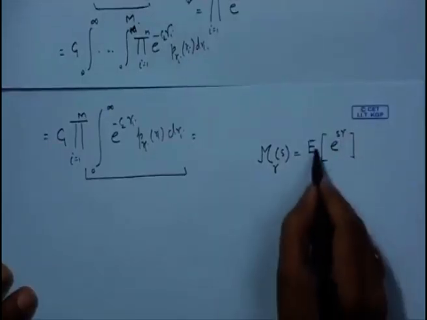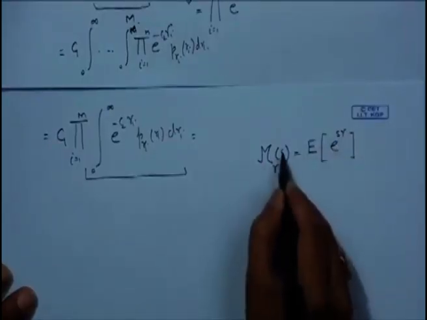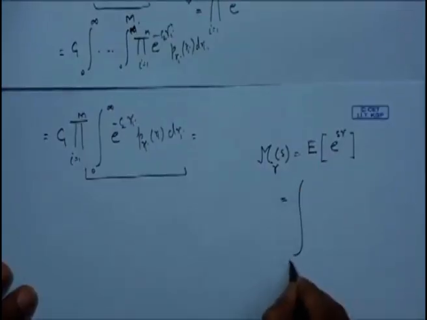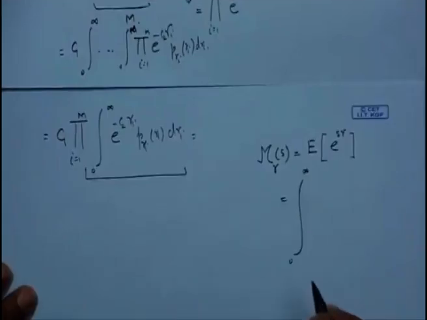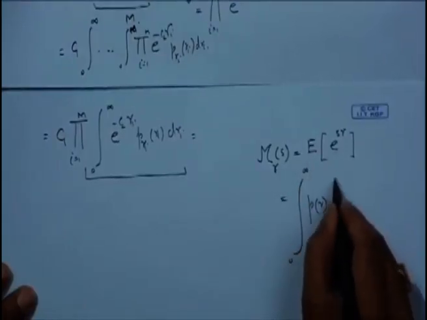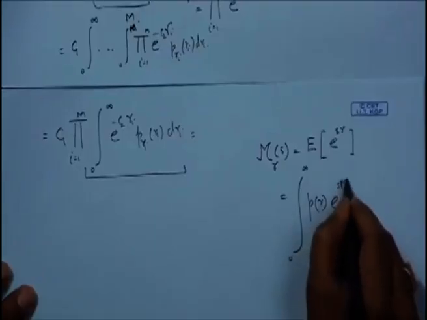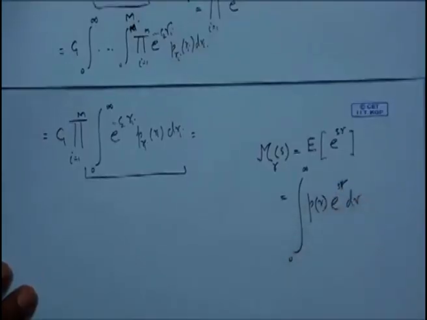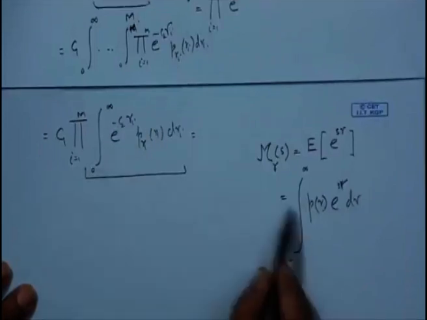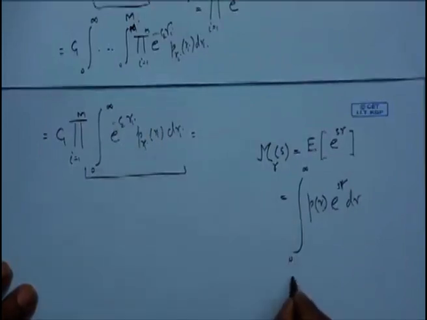That means the expectation of e to the power of s gamma, this is a function of s and we are taking the random variable gamma. So this is 0 to infinity, that is the range of gamma. Expectation means P of gamma e to the power of s gamma d gamma. This is the expression. If we look at this expression now, it is precisely the moment generating function where s is equal to minus c2.